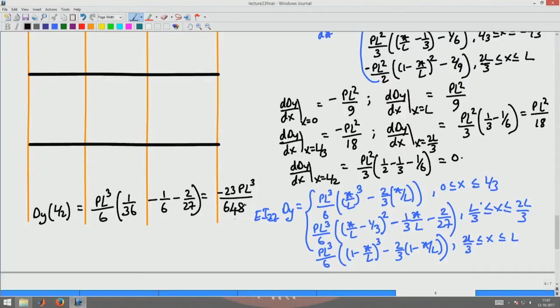Okay. Similarly, delta y at L by 3, substituting x equal to L by 3 in this equation or in this equation, you will get minus 5 PL cube by 27 into 6.